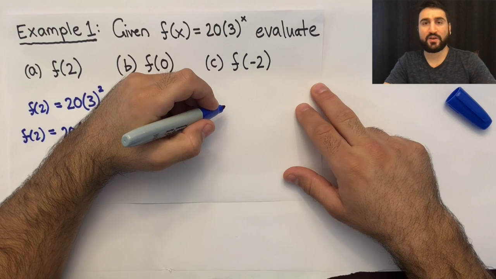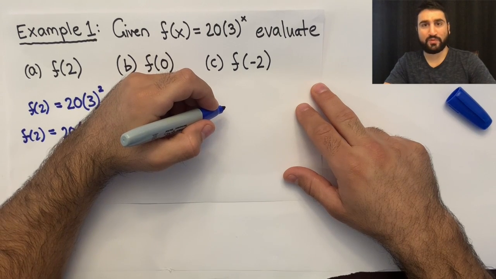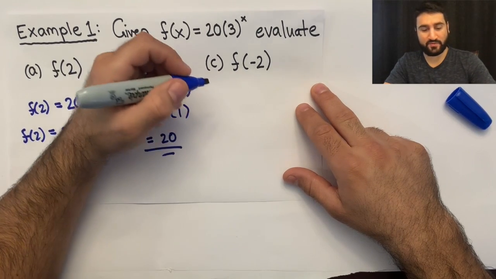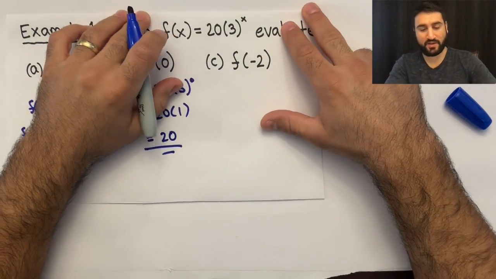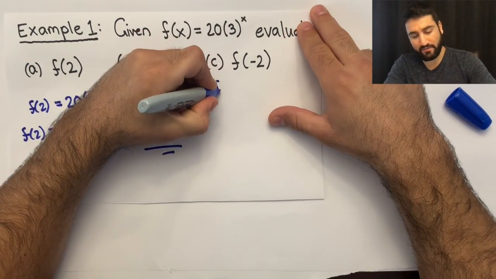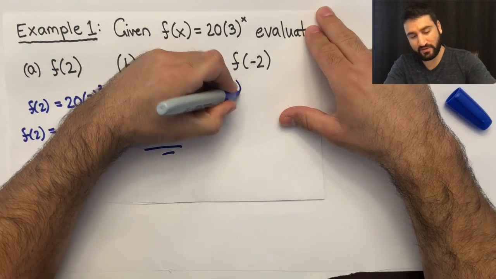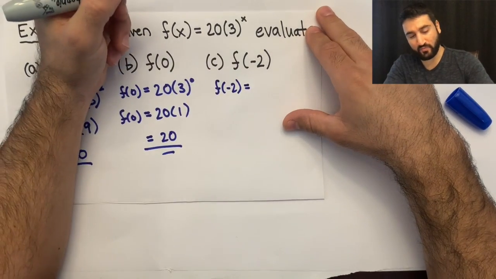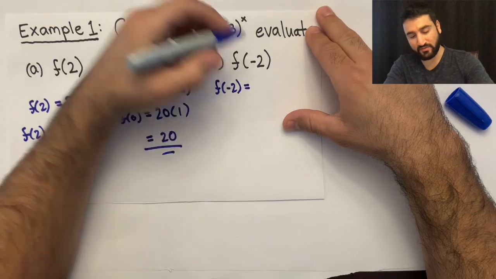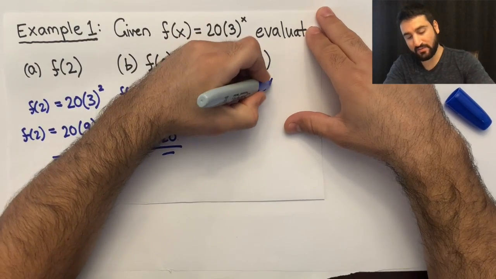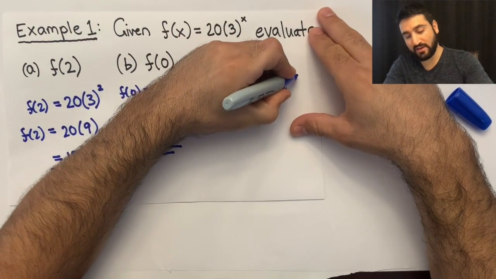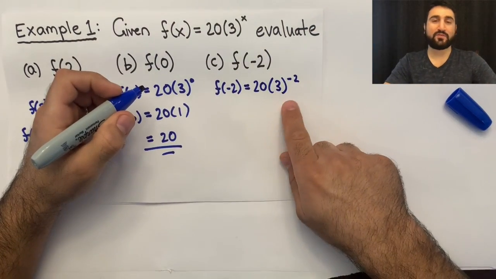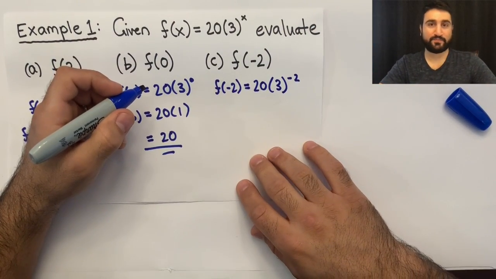This uses the third rule that most people get confused on. So let's take our time here. F of negative 2 is going to be equal to, we're replacing x with negative 2, so it's 20 times 3 to the negative 2. What's 3 to the negative 2?